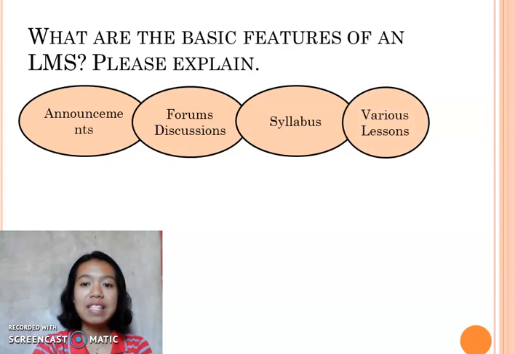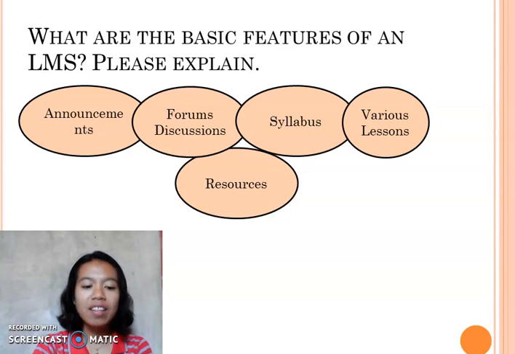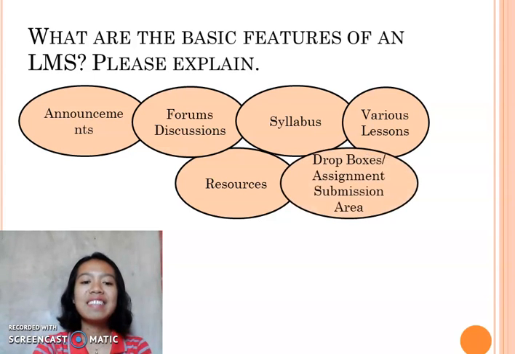And the fourth one is various lesson. Various lesson is to create one or more lessons for each unit of the course. And the next is resources. Resources is the link of online material. And the next is drop boxes or assignment submission area.